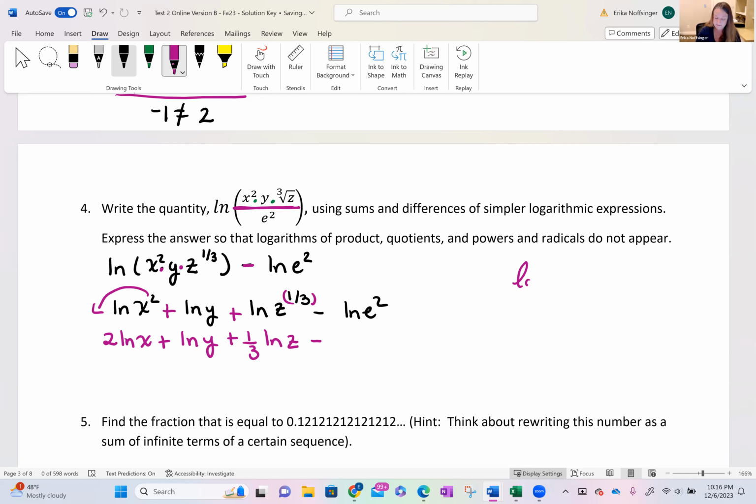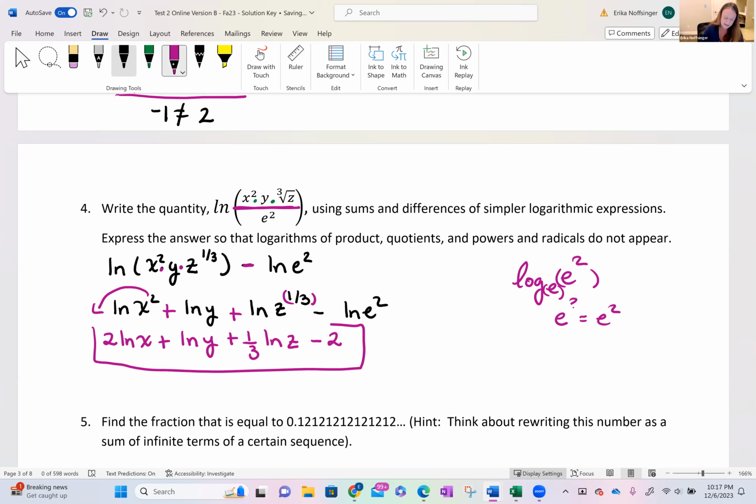Natural log is the same thing as log base e. So log base e of e squared. So what power can I raise e to get back my argument e squared? Well, I can raise e to the 2nd power to get e squared. So the natural log of e squared is just 2. So we have simplified this as a sum of simpler logs.